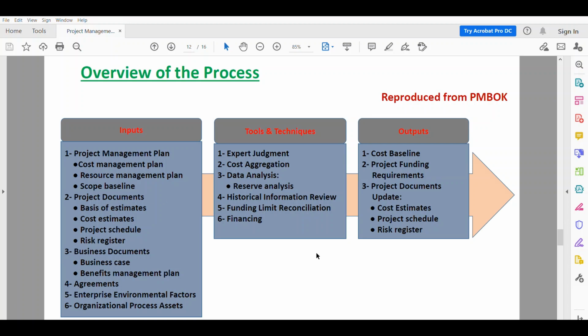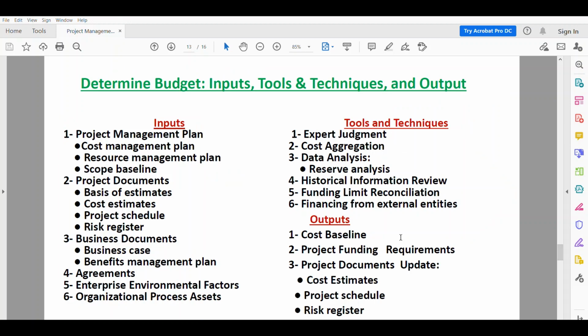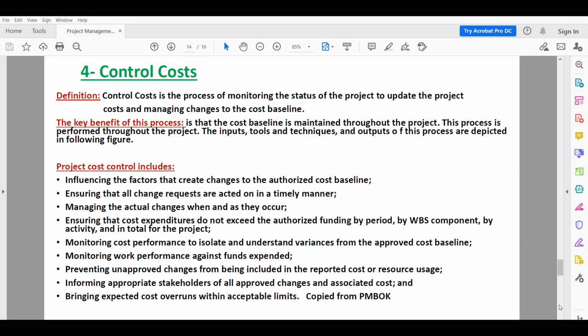Okay, the last process in this knowledge area is control cost. Sorry, we talked about these inputs and tools. So we plan the cost management, we estimated the cost, we determine the cost, and then we have to control the cost.